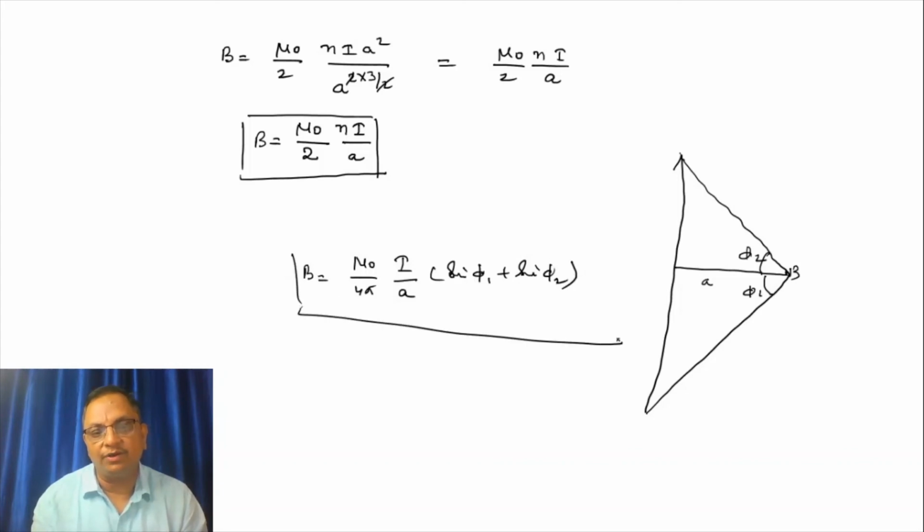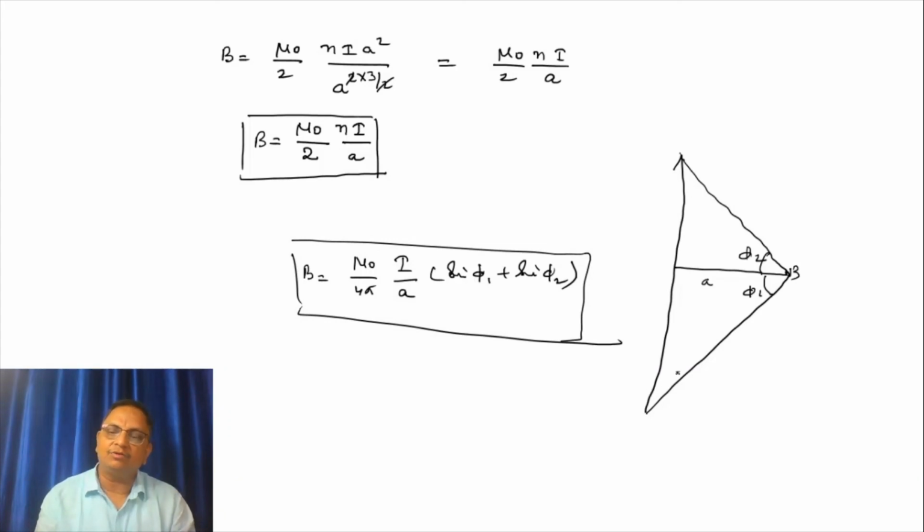This is the formula for calculating the magnetic field of a long wire.